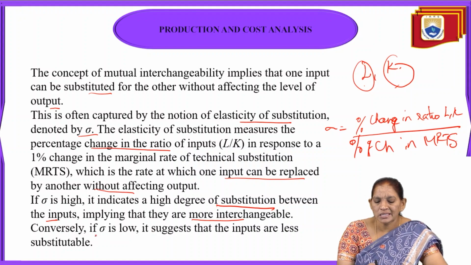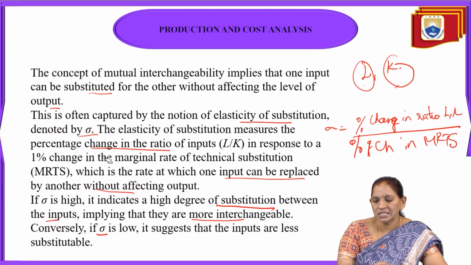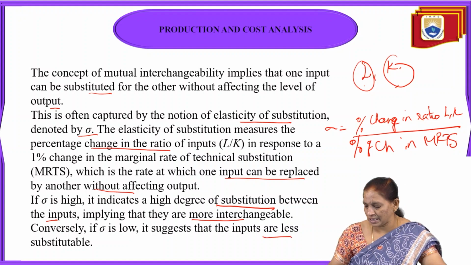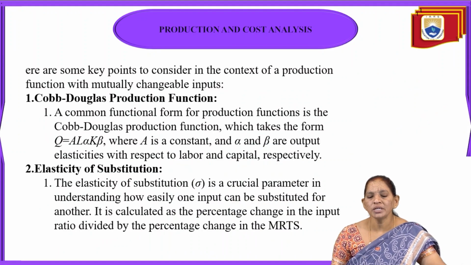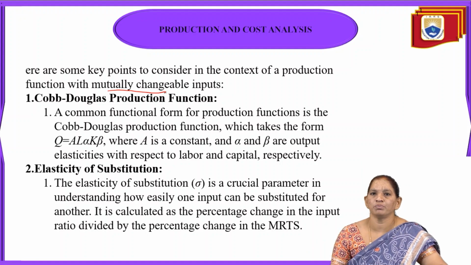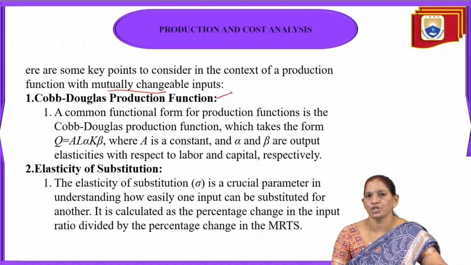But when the elasticity of substitution is low, the interchangeability of one for the other is less. There are some key points we'll consider in this context for the production function, where we can substitute mutually changeable inputs. The first one, as we know, is the Cobb-Douglas production function.